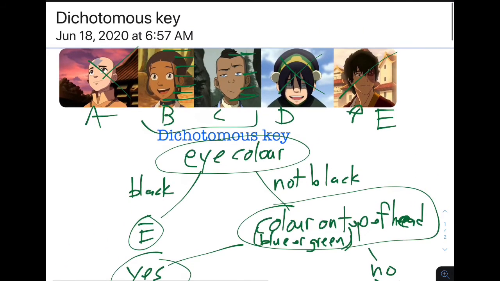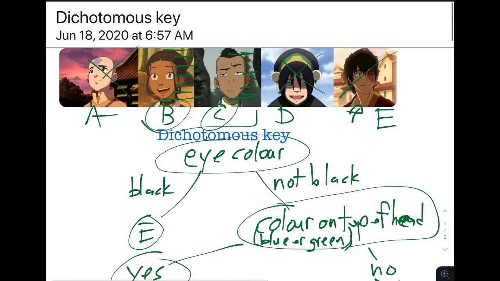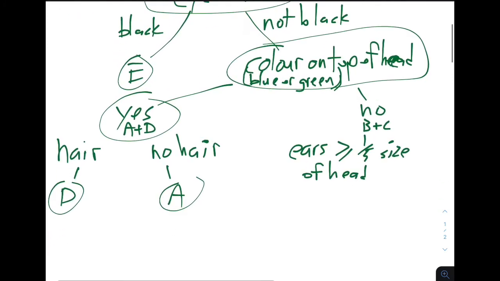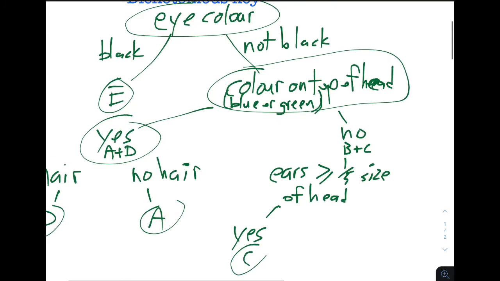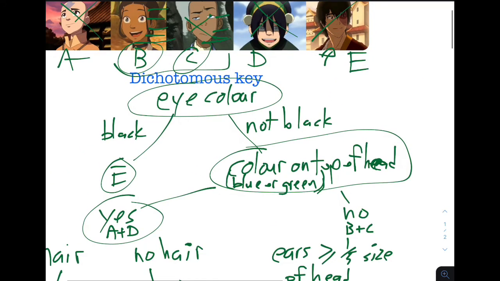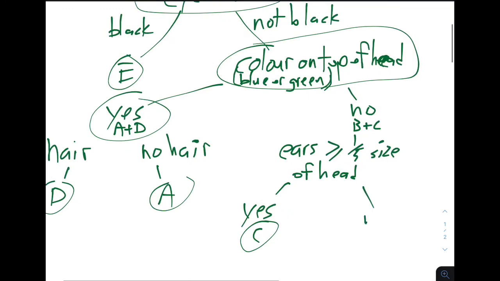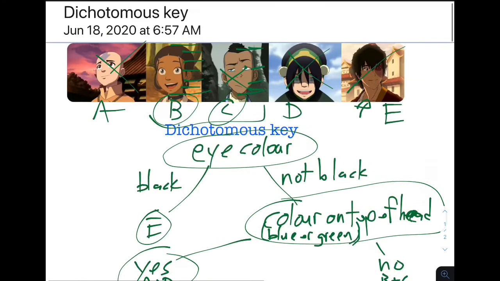The one with big ears is C. The one with smaller ears is B. So the one, yes, they have big ears, that was C. And we're done with C. And the one, no, who had smaller ears, was B. And now we're done with B.